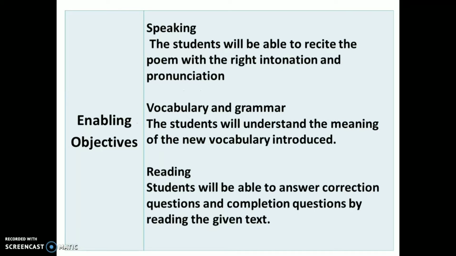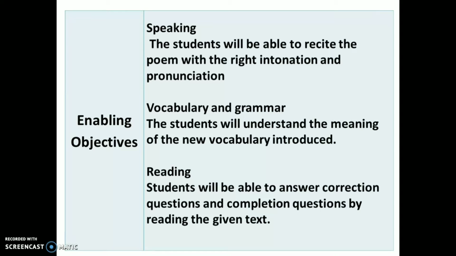Then comes the enabling objective of speaking. The students will be able to recite the poem with the right intonation and pronunciation. Then vocabulary and grammar. The students will understand the meaning of the new vocabulary introduced.